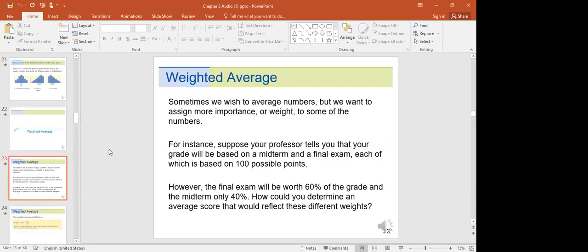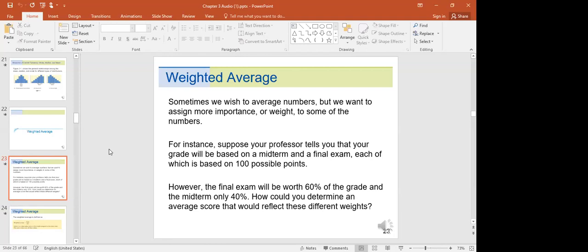When we have data values that are organized in a frequency distribution table, we can easily make a computation by using the weight associated to each value. The weight could either be the frequency or actually a weight.